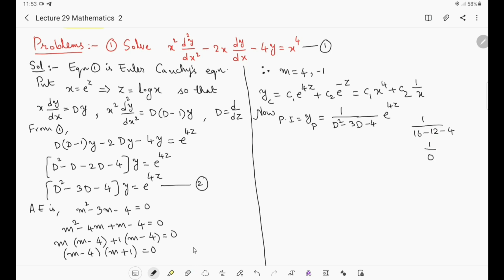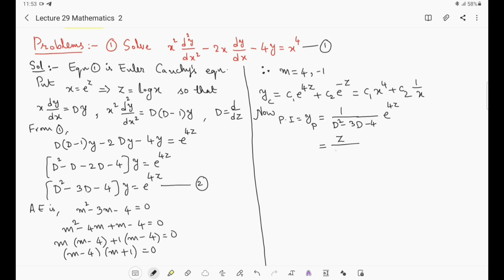The failure case arises when we directly replace D with a. So what do we have to do? We have to differentiate the denominator. First multiply the numerator with x, but here z is the independent variable, so multiply the numerator with z, replace capital D with a, and differentiate the denominator.